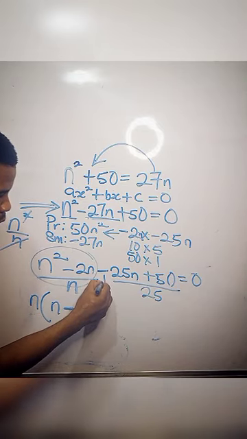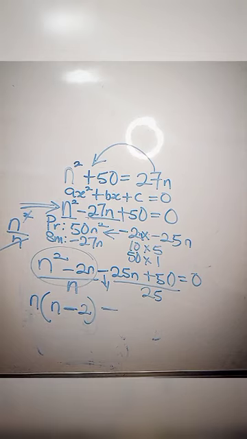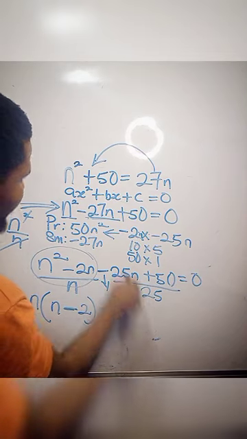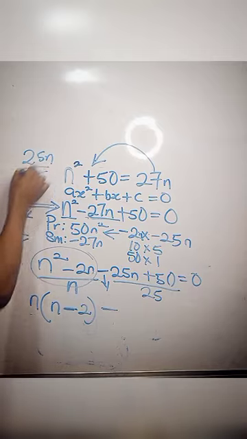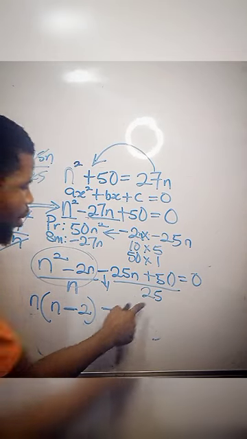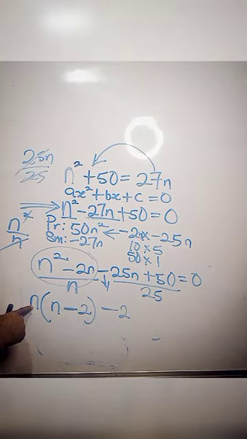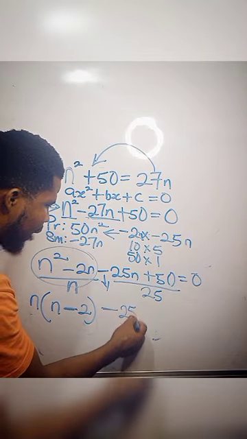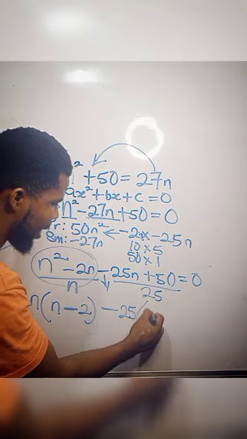Now, this sign will come down. Minus. Whatever sign you have there will come down. So bring this 25 that is common out, just like when you brought out the common factor here, then open your bracket. So 25n divided by 25, you now have your n.